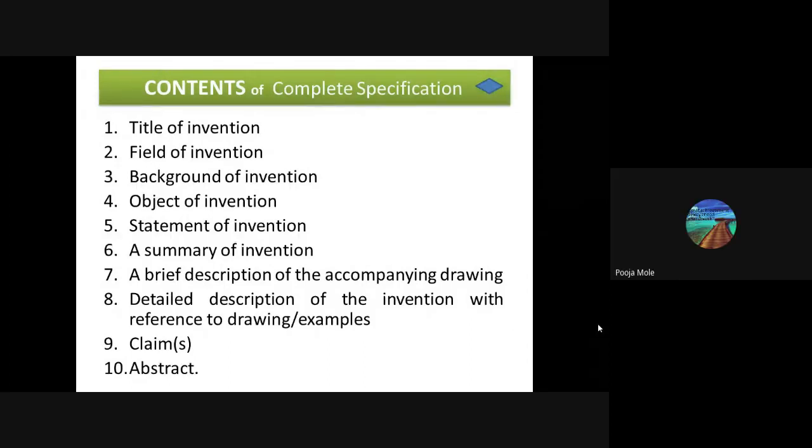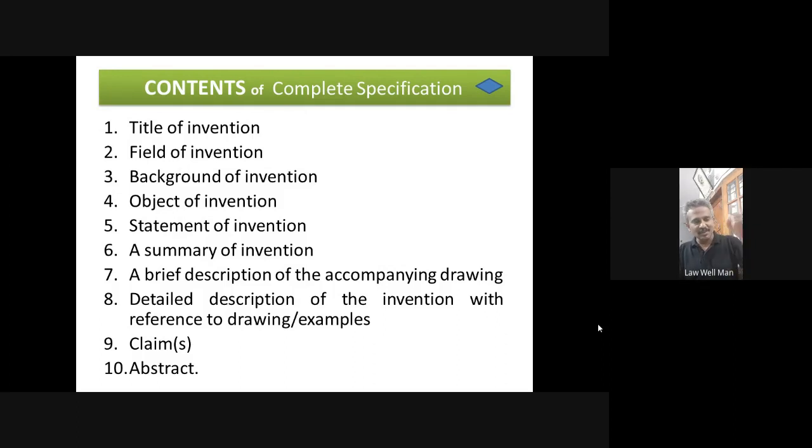It's not for mobile as such. A small part of a mobile which functions in a particular way. So that patent will be with regard to the invention which is made possible, the function of that particular part.